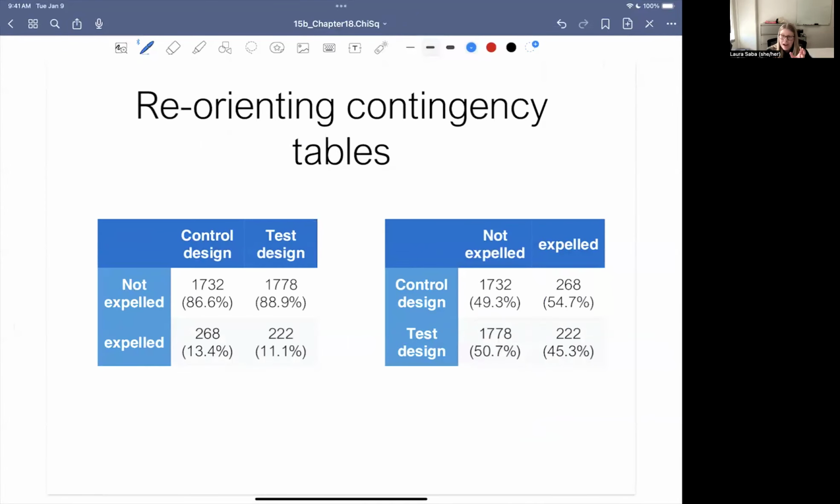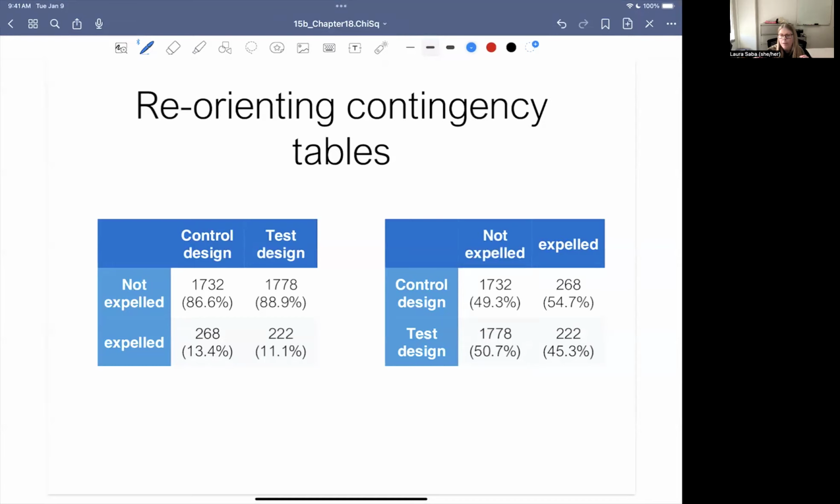It doesn't really matter how we orient the tables. For this chi-square test, if we talk about the percent being expelled from each design, or we talk about among those that were expelled, what proportion were from the control design and what proportion from the test design, we're going to get the same p-value from our contingency chi-squared analysis for both tables.